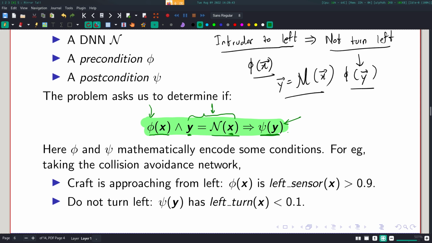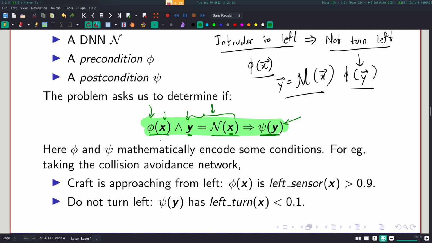So precondition and then some relation between input and output implies some post condition, right? And how we interpret this is that for any x and y, this formula should always hold as true. Okay, so for any input vector, you'll get some output vector, or let's say you pick some output vector that corresponds to that input vector.